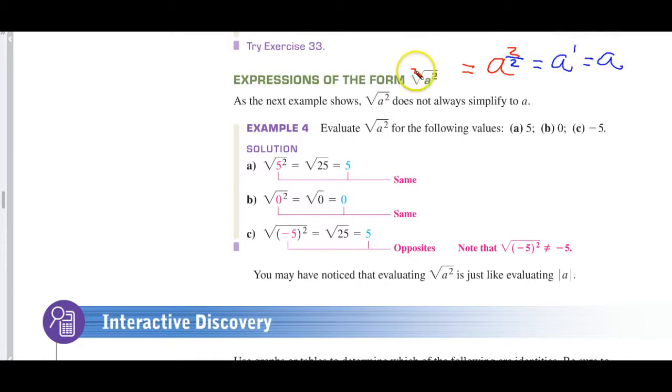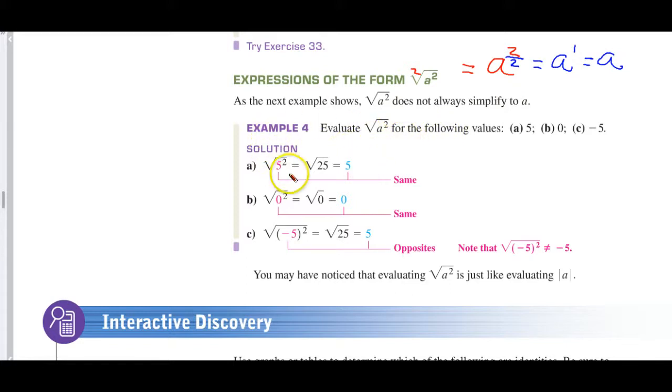So when we see a radical expression that has an exponent on the radicand, and no number in the index spot, that 2 that's there is actually the denominator of that exponent. And again, it becomes a 1, which is just what a is.